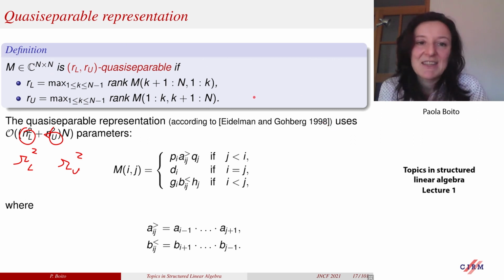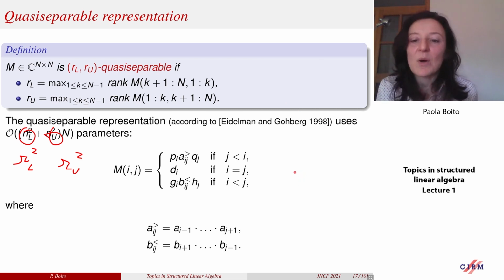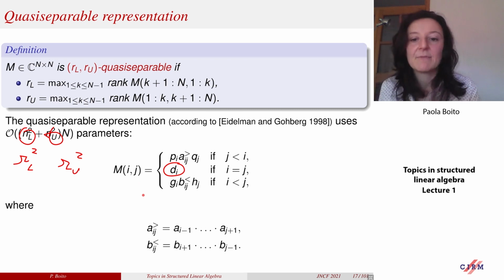Okay, so here we have the definition we saw before. How do we represent quasi-separable matrices? We represent separately the diagonal on its own, so we have n parameters for the diagonal entries. And then we represent separately the lower triangular part and the upper triangular part, okay?